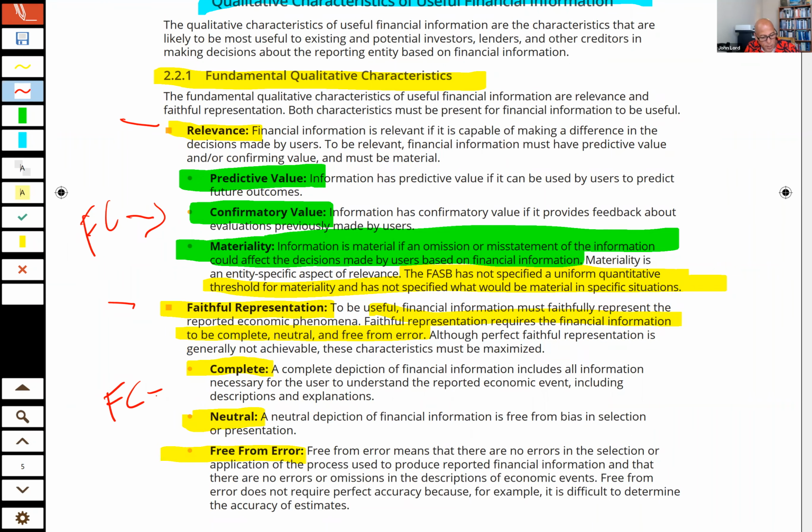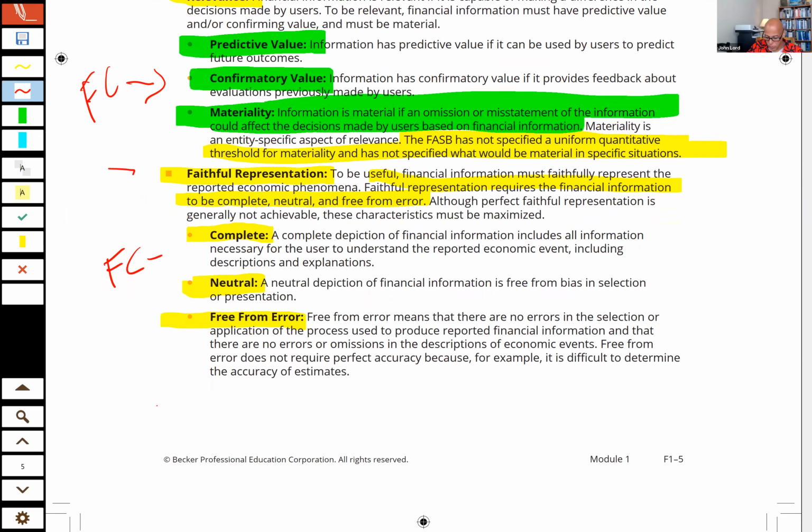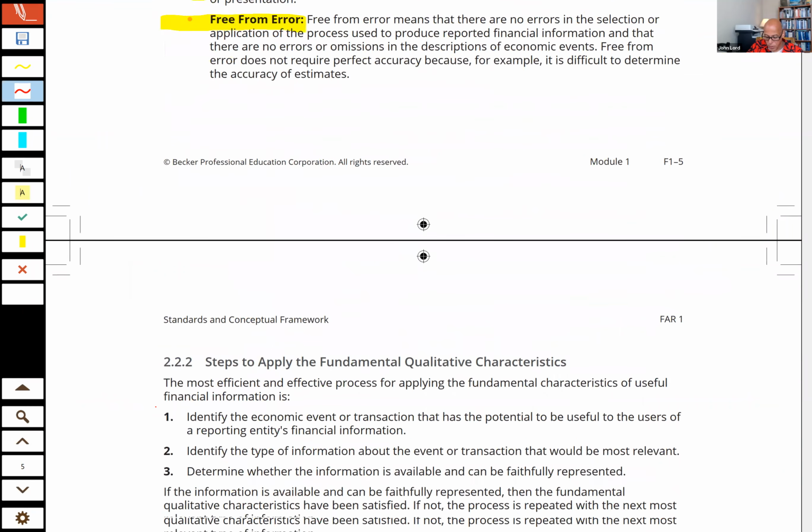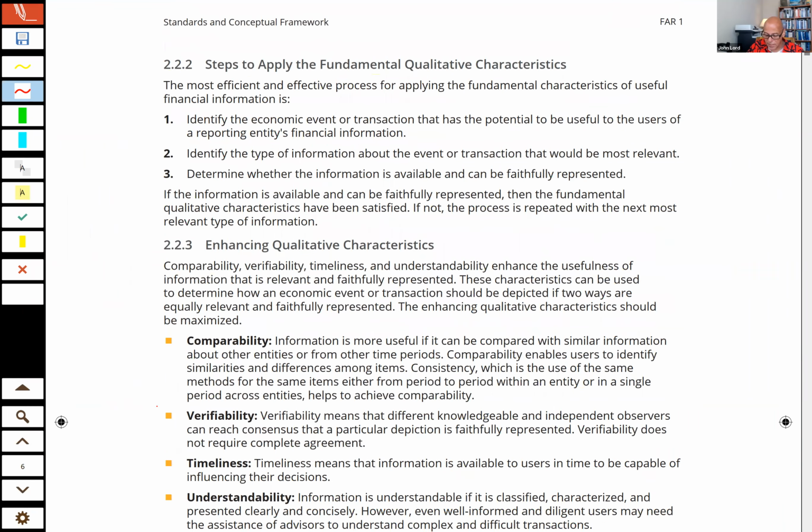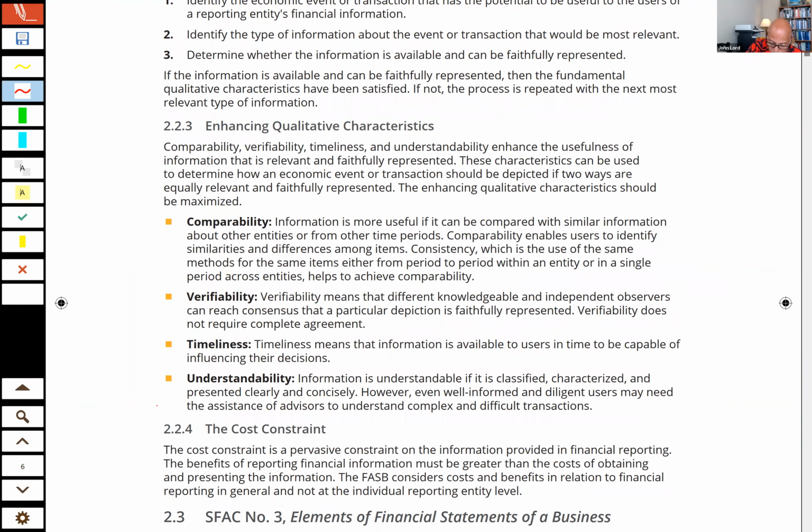Okay, good. Now you come over, and as I had stated, we would also have enhancing qualitative characteristics. So let's just go ahead and flashcard at a high level what the enhancing ones are. We have our fundamental qualitative characteristics, and then we have some enhancing: comparability, verifiability, timeliness, and understandability.